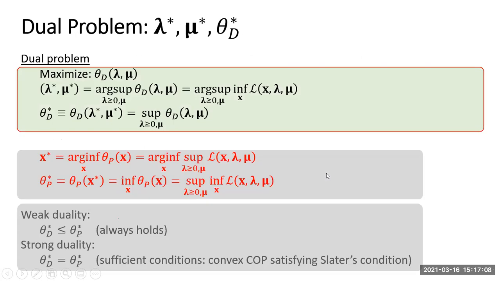So this is the dual problem now. Maximize with respect to lambda and mu of this theta d lambda mu.